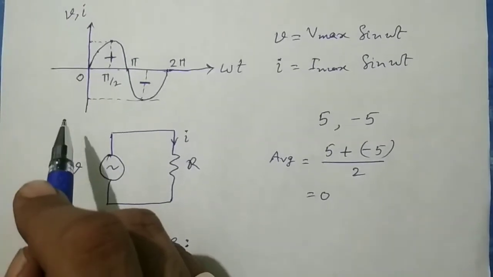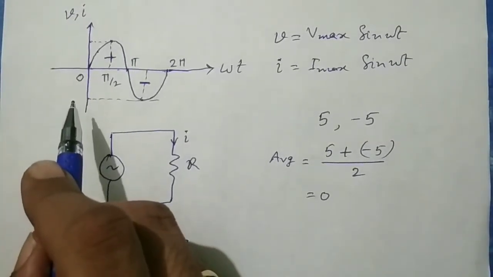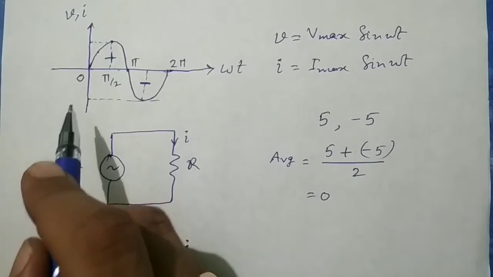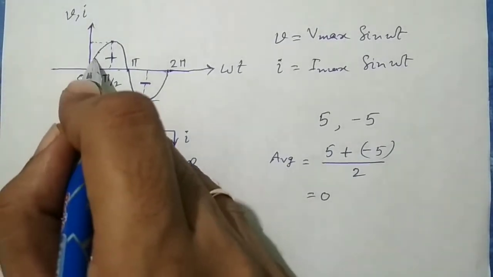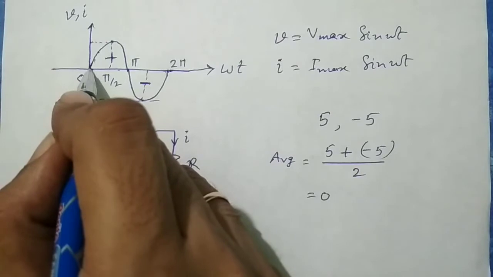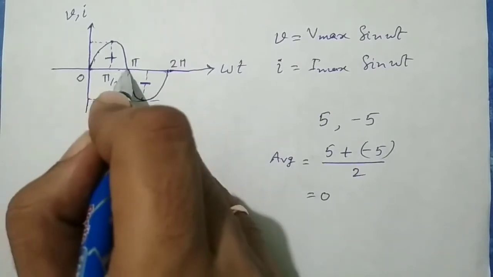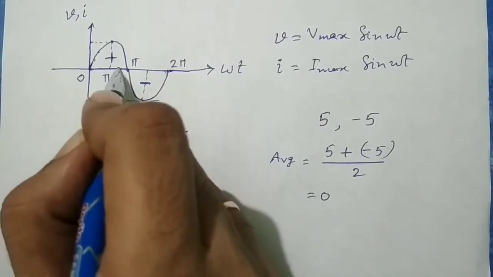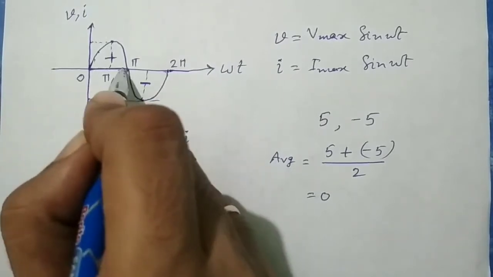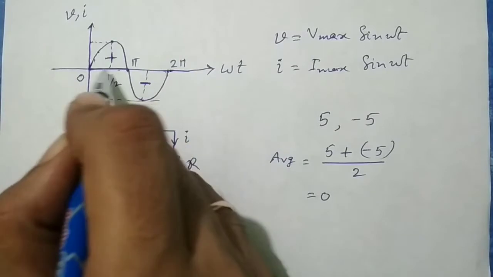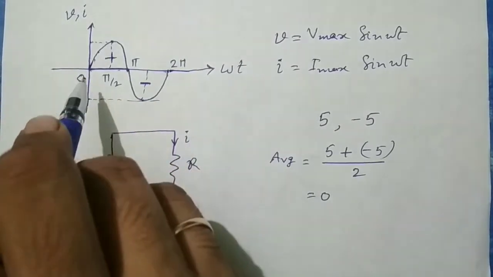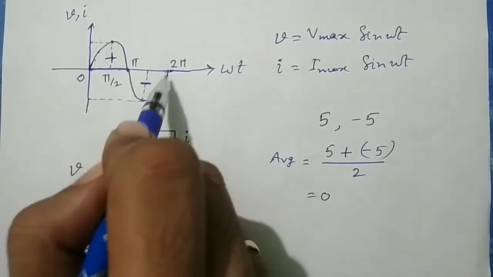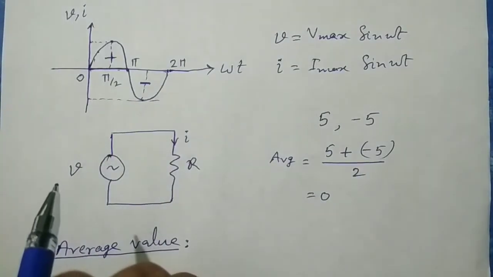Therefore, to find the average value of a symmetrical alternating quantity, we consider only the positive half cycle, in this case from 0 to pi, and we calculate the average for this duration. What we get is considered the average value for the entire alternating parameter.